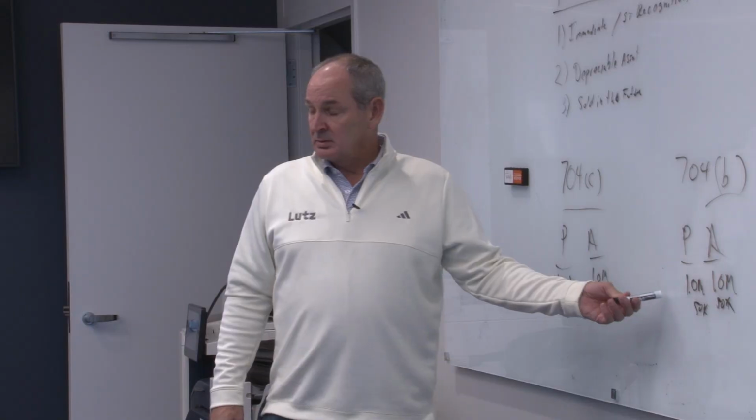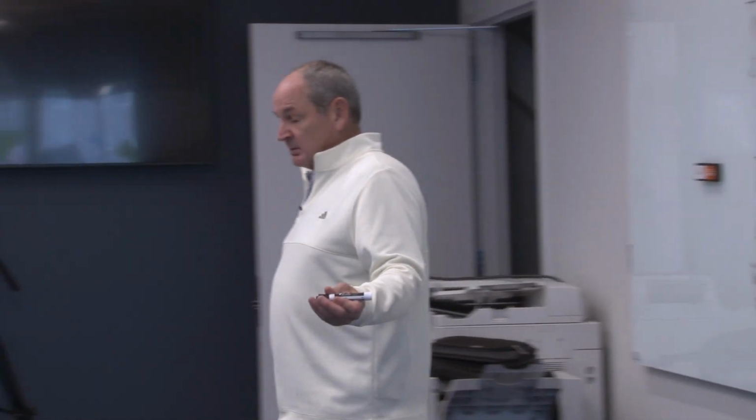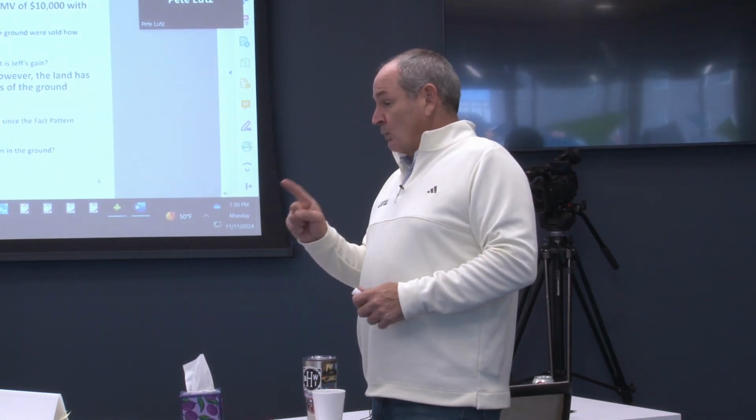But when we agree on what this economic deal is, there's a fair value basis associated with that. So what's Pete's fair value basis in the ground? $1 million. So now if the ground is sold for $1 million, how much tax gain does the partnership have?